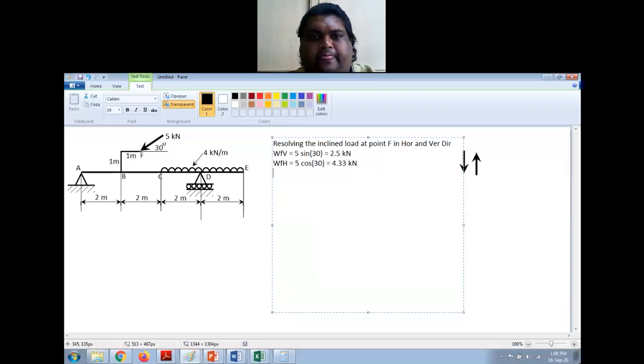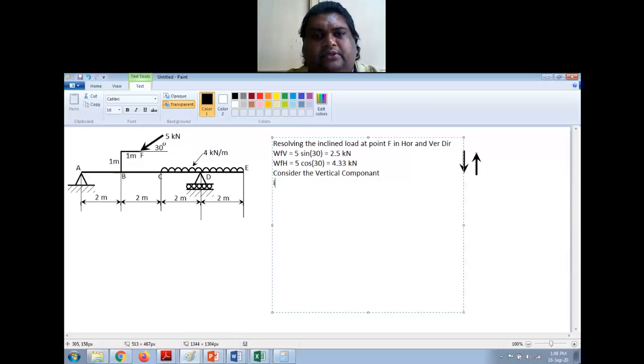We will see, right? First, let me consider the vertical component. Now, the vertical component is acting at point F here, right? So directly this force can be applied at point B, right?